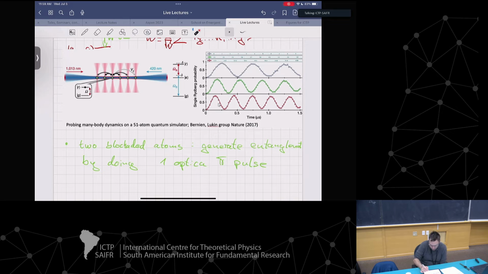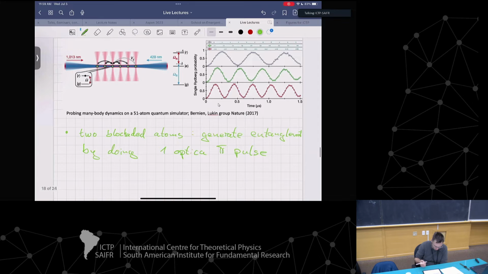Or I can make a W state of 3 atoms. And it actually works so well that people look at what is the fidelity of this entangled state. For instance, the Endres group at Caltech made entanglement like that.